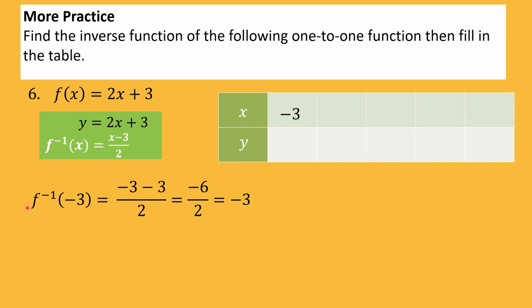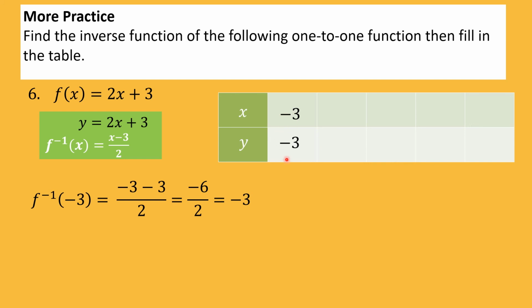So, this will become f of negative 3 is equal to negative 3 minus 3 all over 2. That is equal to, dahil like sign sila, add lang natin, copy the common sign, so negative 6 divided by 2 is equal to negative 3. So, yan na ngayon ang value ng ating y.